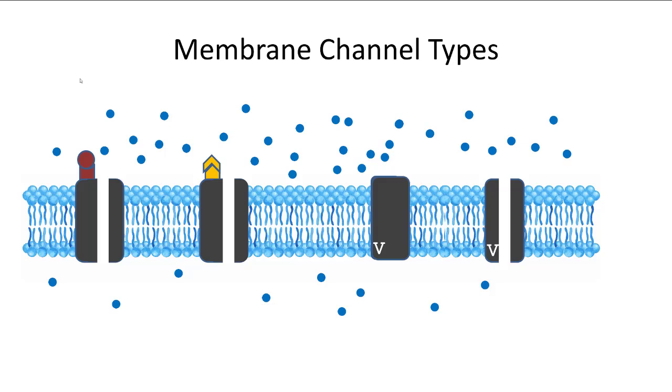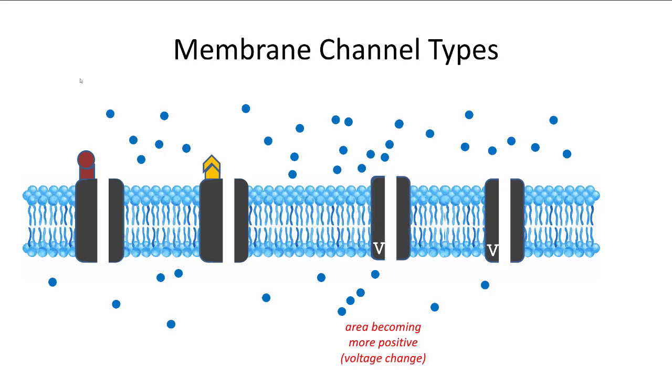The voltage level that opens a voltage-gated channel is known as a threshold voltage. In this example, the incoming blue ions are positive, more accumulated in the adjacent area of a voltage-gated channel. This changes the voltage sufficiently that it reaches threshold and it will open.